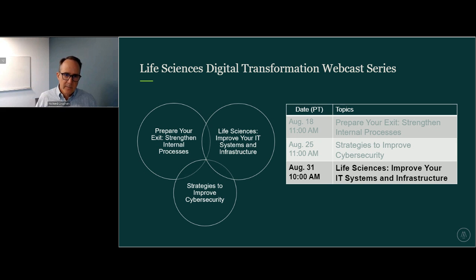Two weeks ago, we talked about how companies can strengthen their internal processes by utilizing technology and to do more with less. Last week, our cybersecurity team discussed strategies to improve your security posture and what all life sciences companies should be doing to protect their valuable data and intellectual property. Today, we'll discuss ways to improve systems and infrastructure.